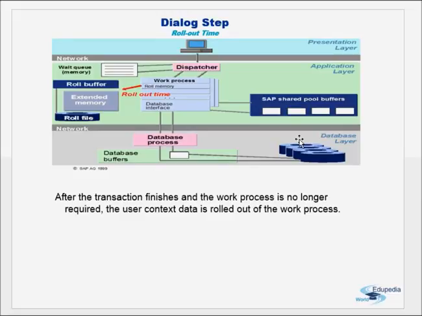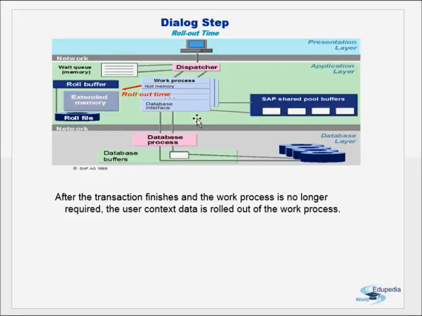Now roll out. For your transaction processing, the work process gets data from the roll buffer or the roll file into the work process queue. After the transaction finishes, the work process is no longer required. The user context data is rolled out of the work process. That is known as the roll out time.